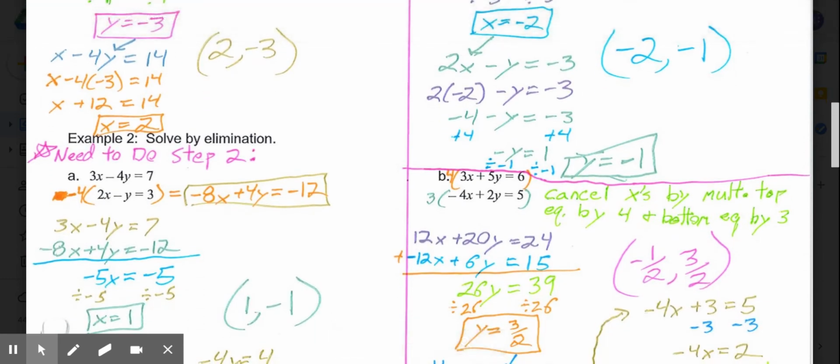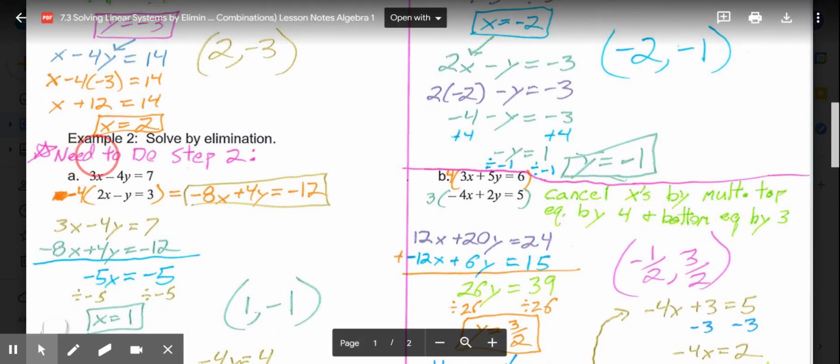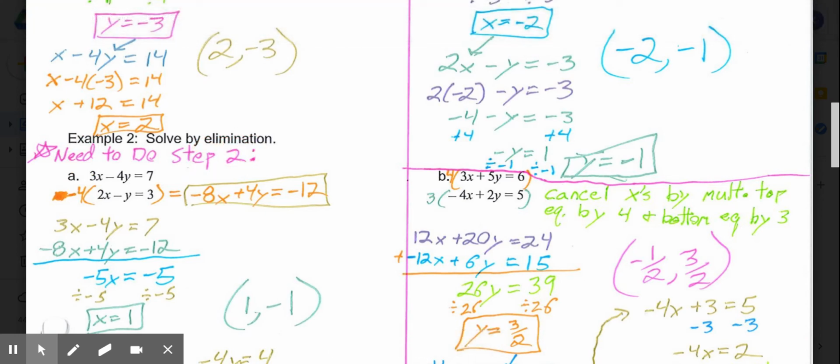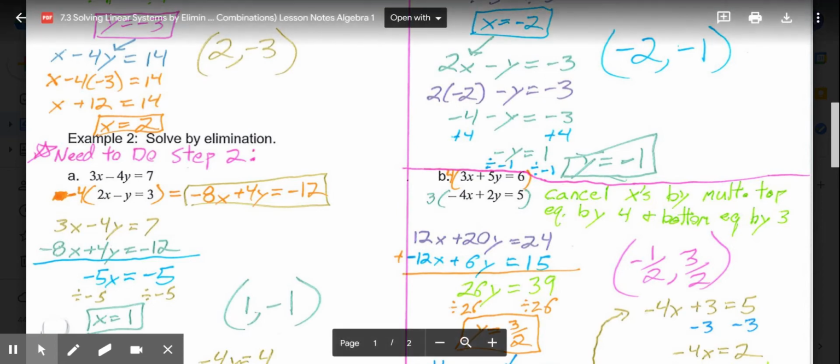Now in example 2 here, what you'll notice is we need to do step number 2. They already lined up the variables, but we need to create the opposite coefficient, meaning the number in front, for one of the two variables. So if I'm looking at example 2a here, my top equation, 3x minus 4y equals 7.